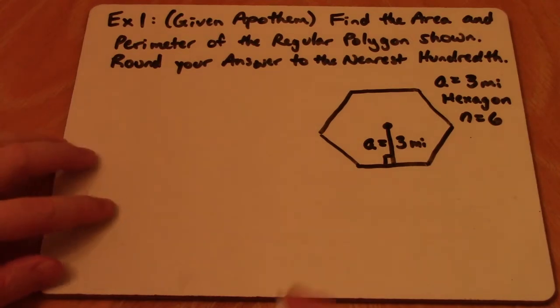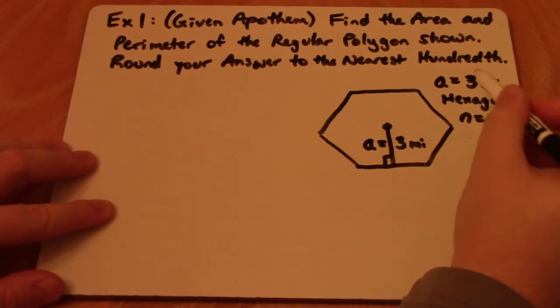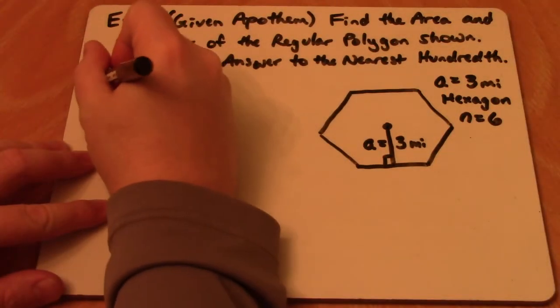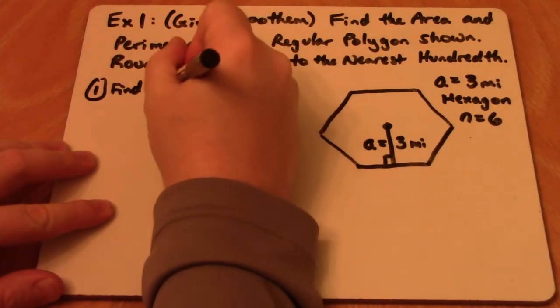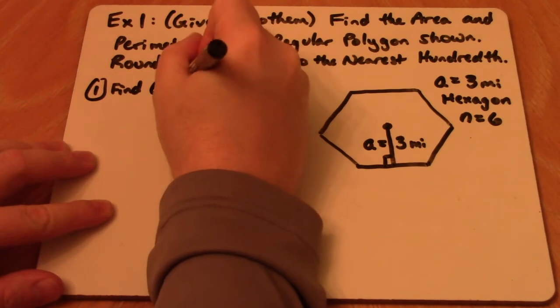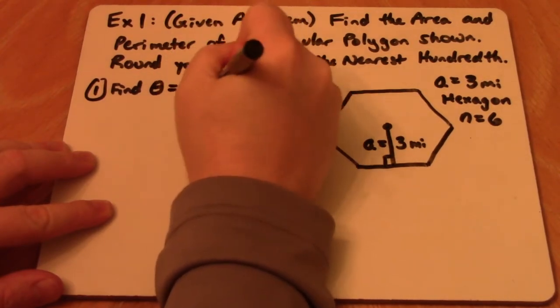So step 1, every single time, that is after we figure out what n is and which one we know, a, r, or s, our first step then is to find theta. We do that using our theta equation, which is 180 times n minus 2 divided by n.